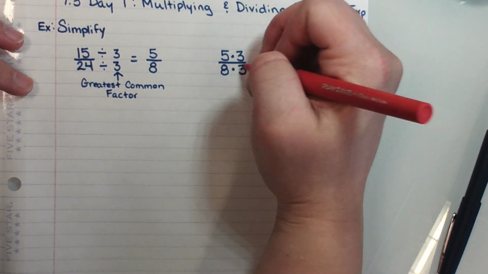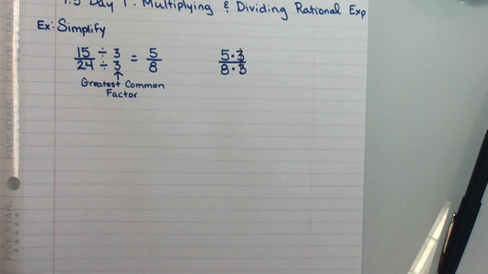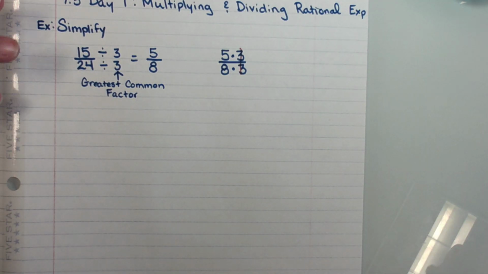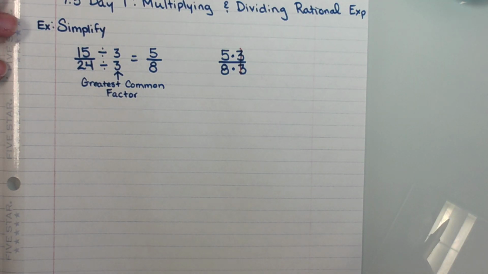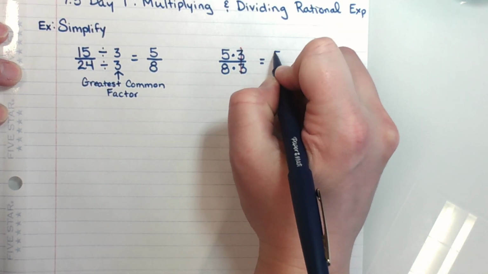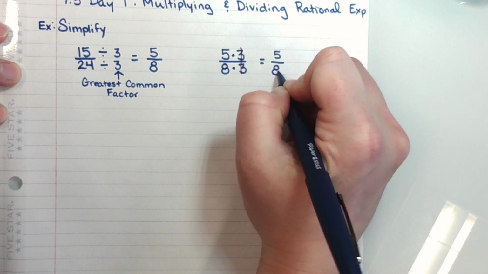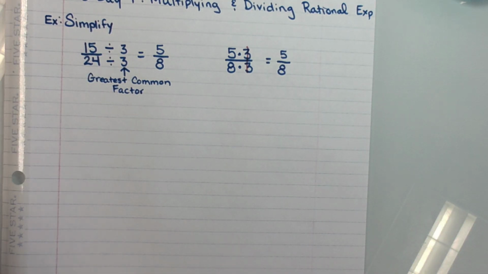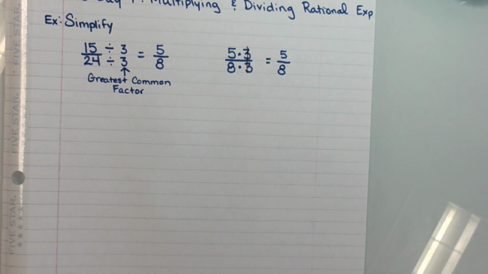So these essentially canceled out by becoming 1, and what does multiplying by 1 do? Nothing. Multiplying by 1 doesn't do anything, which is why it became 5/8. That process is going to get us through simplifying rational expressions.